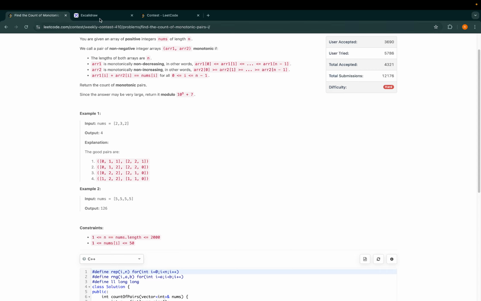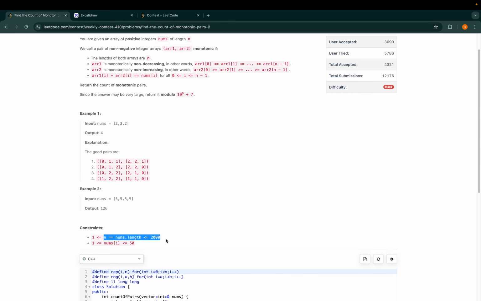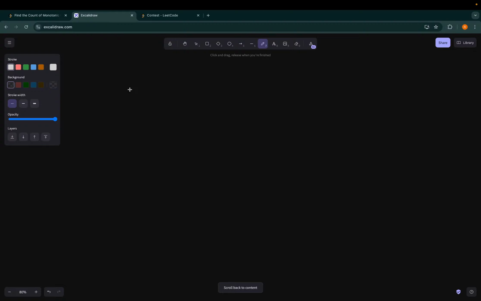So it's a DP based solution. Since the constraints on n is up to 2000 and the numbers can go up to 50, we can do this.